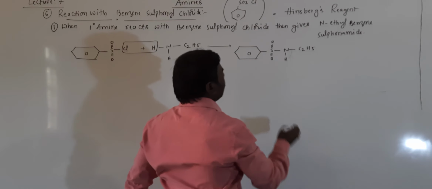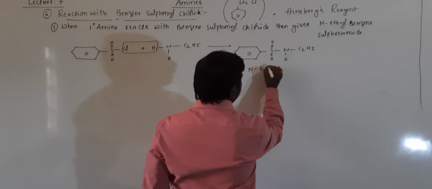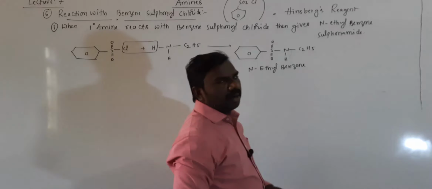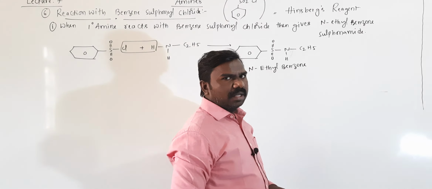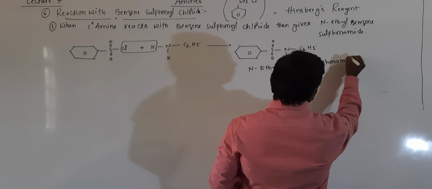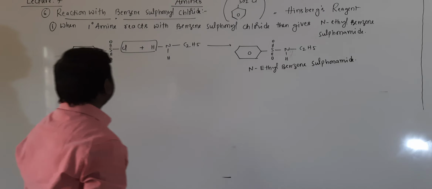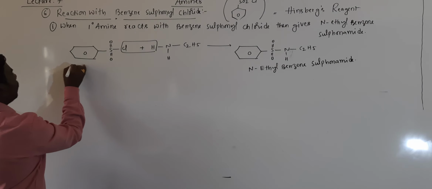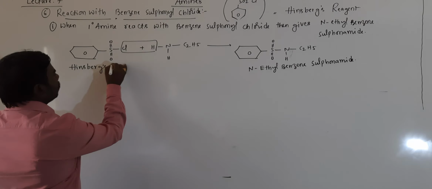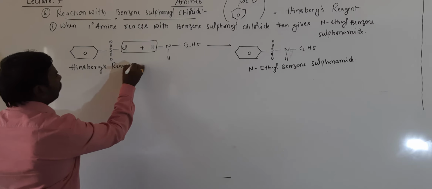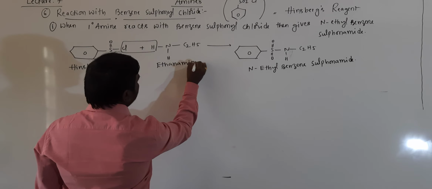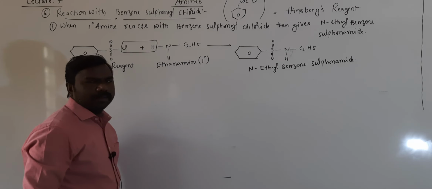The N position is occupied by C2H5, so N-ethyl benzene. CONH is an amide, SONH is there, that's why it is a sulfonamide; benzene sulfonamide will be formed. Here the Hinsberg reagent means benzene sulfonyl chloride, and ethanamine is a primary amine.